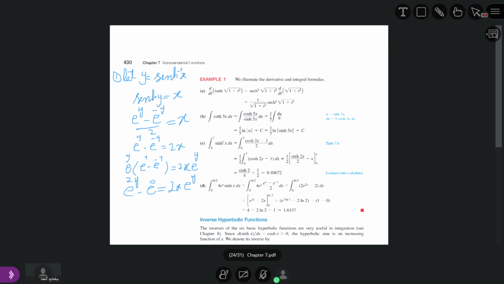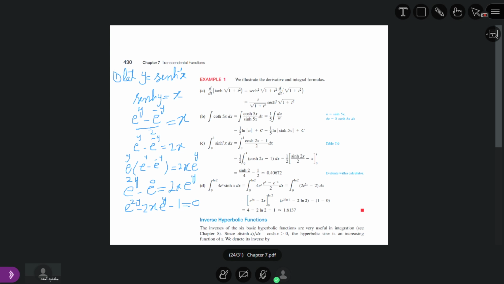Thus we have e power 2y minus 2x e power y minus e power 0. What is e power 0? Anything power 0 is equal to 1. So this is equal to 0.